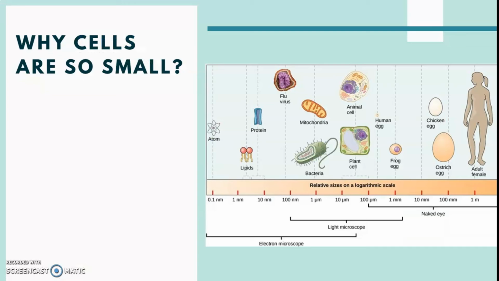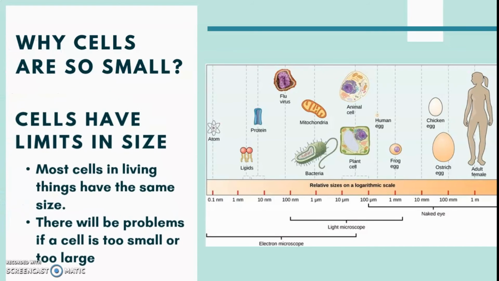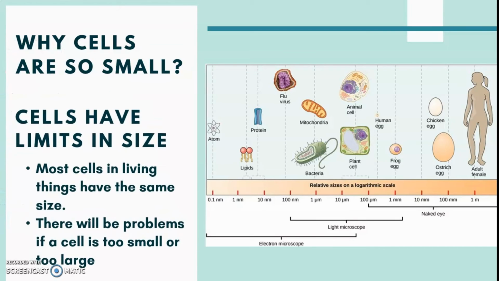Why are cells so small? Cells have limits in size. Most cells in living things have the same size. There will be problems if a cell is too small or too large. Take note, cell size is limited in accordance with the ratio of cell surface area to its volume.